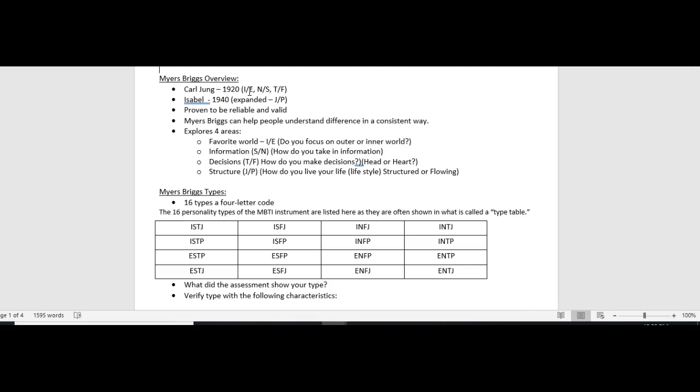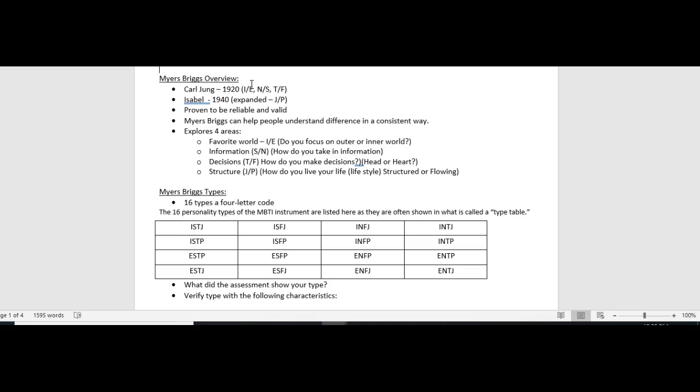And Carl was a very famous psychologist back in the 1920s. And he came up with the introvert, extrovert, intuitive, sensing, thinking, feeling part of the Myers-Briggs. Isabel came along and in the 40s started to expand on that. And she ended up adding a fourth category, which is the JP, which is judging or perceiving.